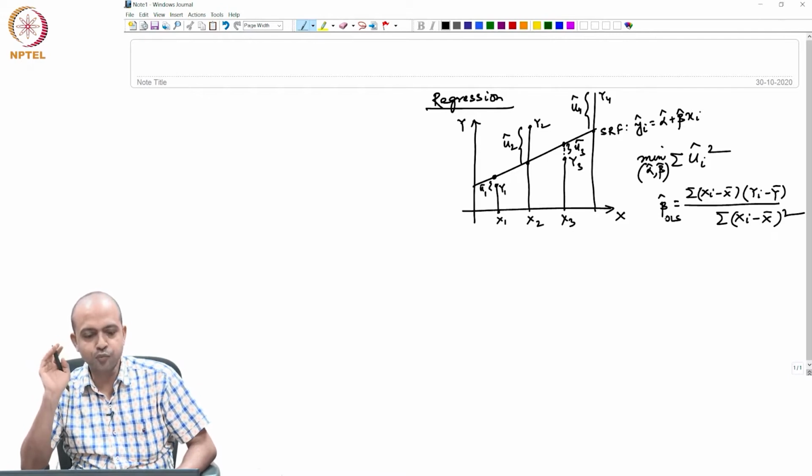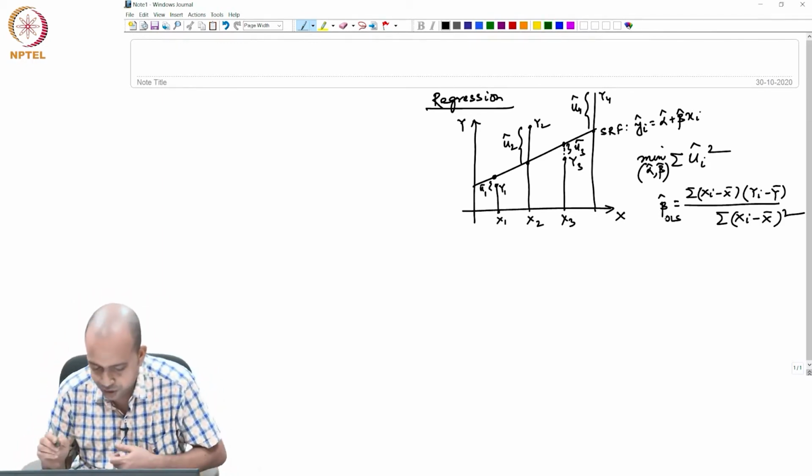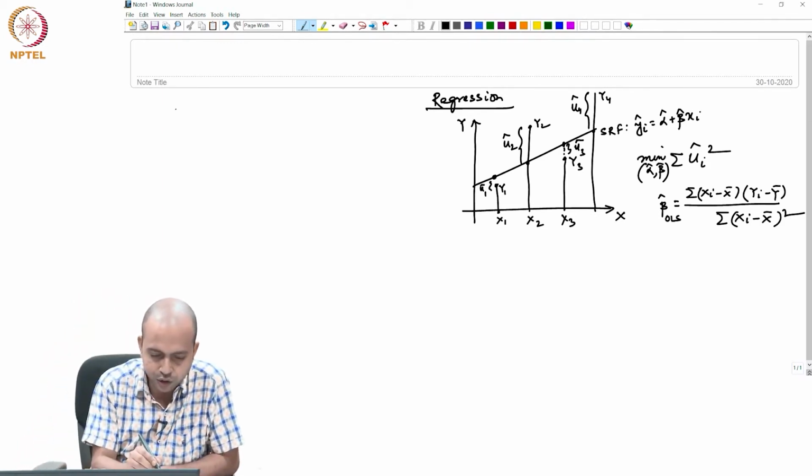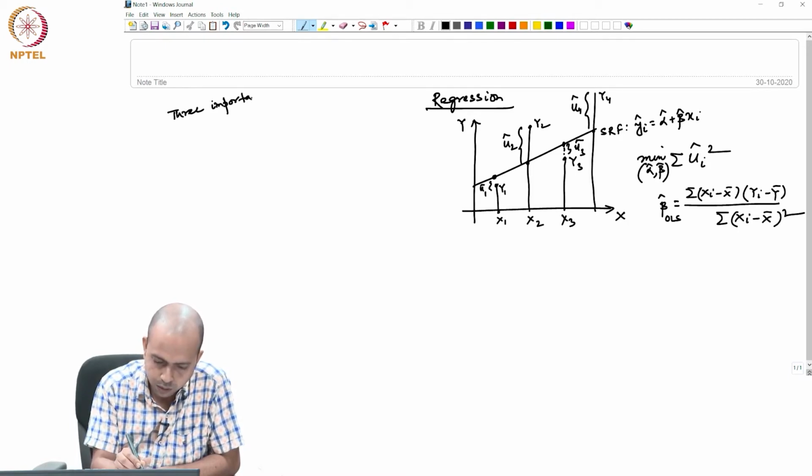Now, there are three important properties about this beta hat, the way we have derived here, that we must understand and keep in our mind. So, these are the three important properties of beta hat.